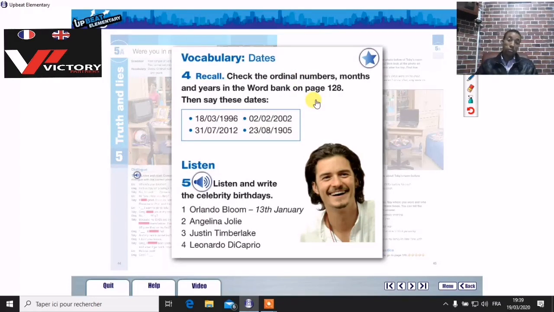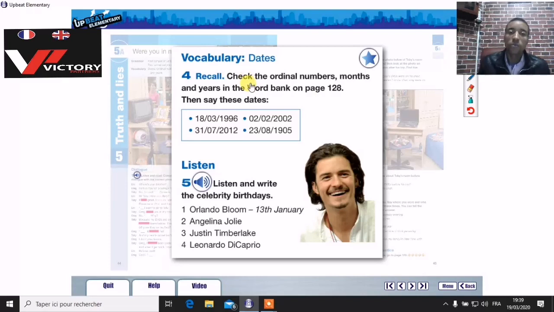We'll talk about numbers as we mentioned before, and in this part we have to remember. The question here says check the ordinal numbers, months and years in the Word Bank on page 128, then say these dates.